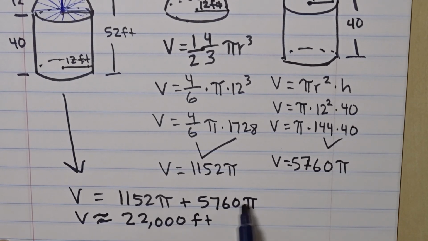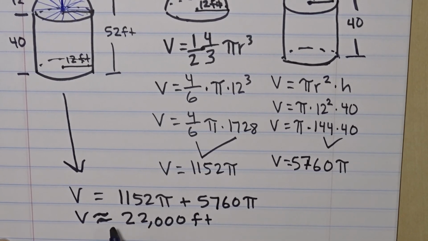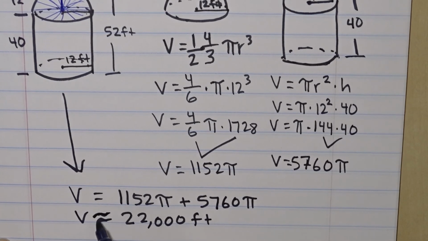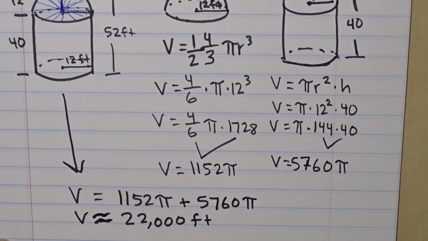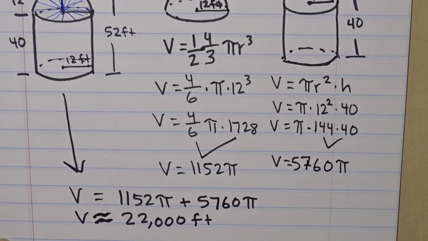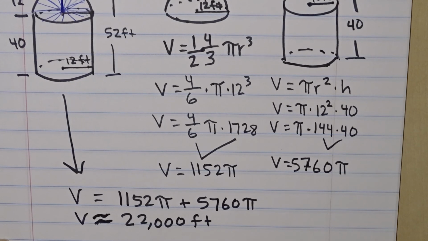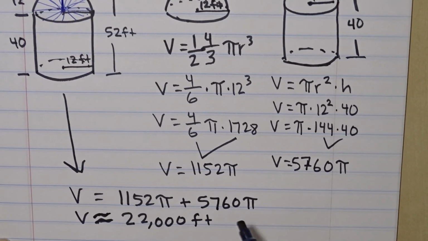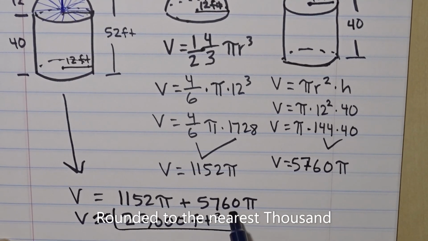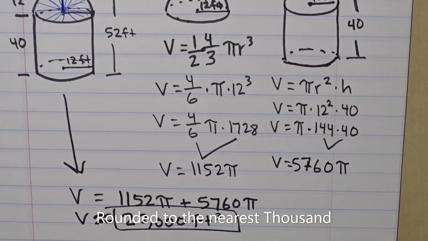Notice I like to keep pi to the very end because if I keep approximating, it becomes less accurate. So the fewer times I punch in 3.14, the better. So just carry pi to the very end, then calculate it to get a more precise answer, and that's cubed. So there you go. That's the entire volume of that figure.